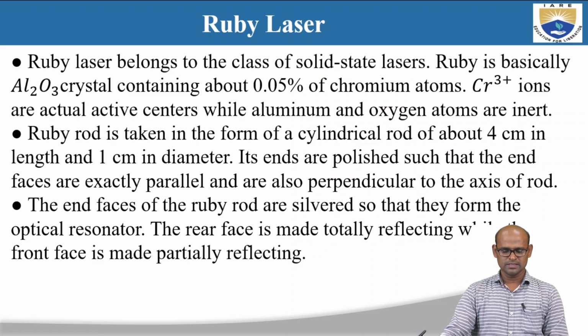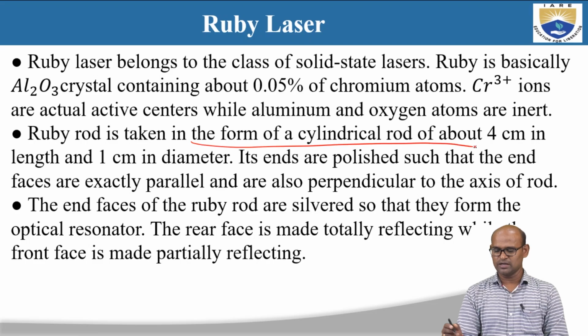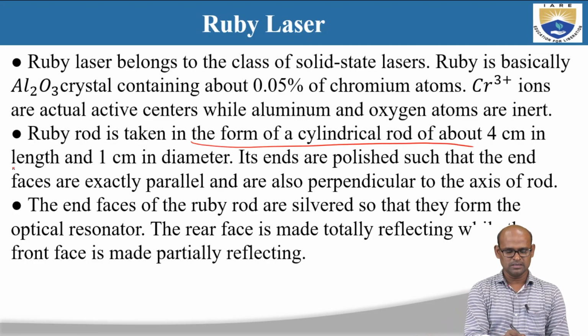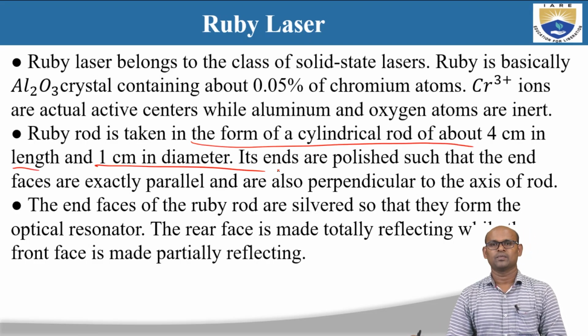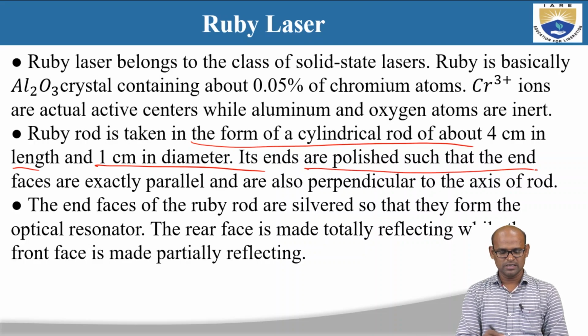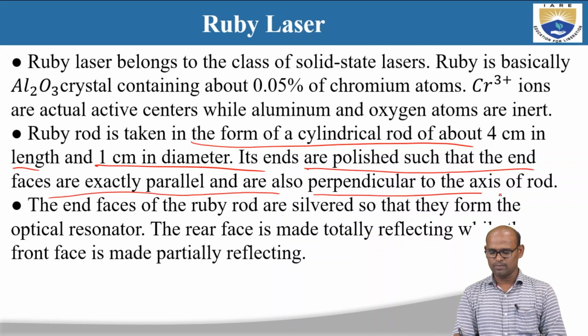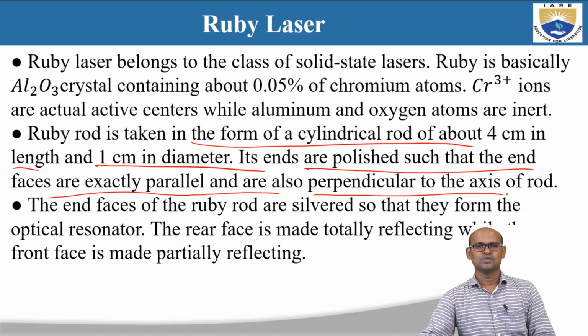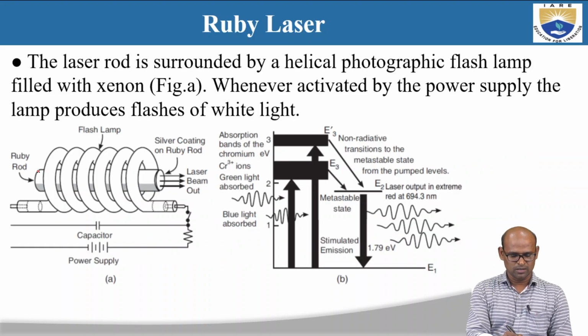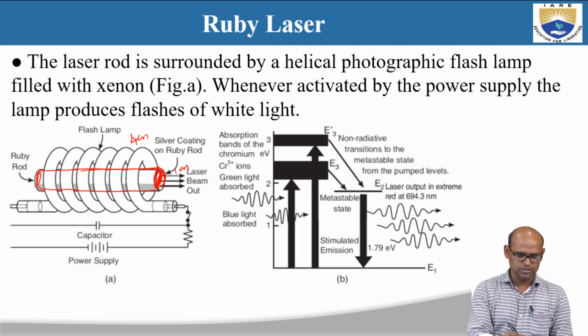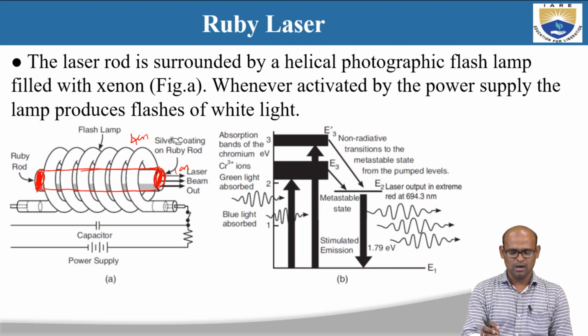The Ruby rod is taken in the form of a cylindrical rod about 4 centimeters in length and 1 centimeter in diameter. Its ends are polished such that the end faces are exactly parallel and perpendicular to the axis of the rod, so that they act as an optical resonator.